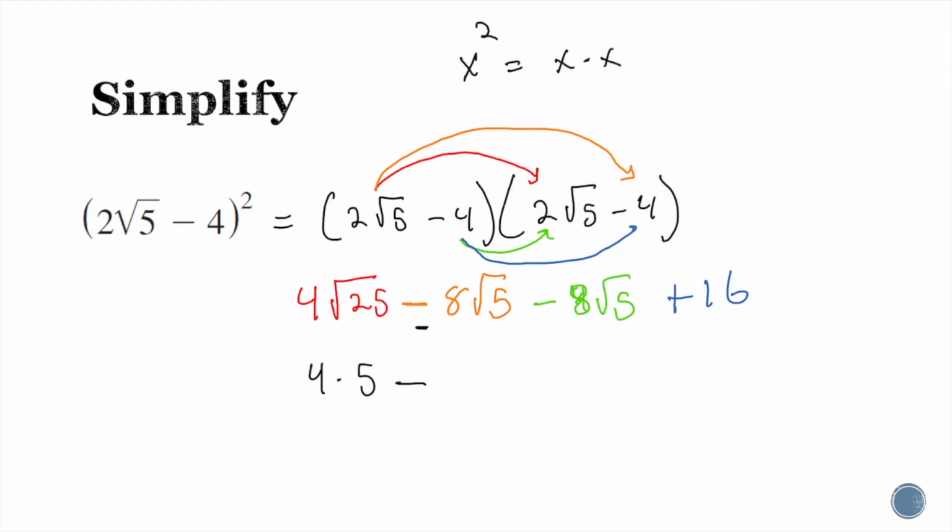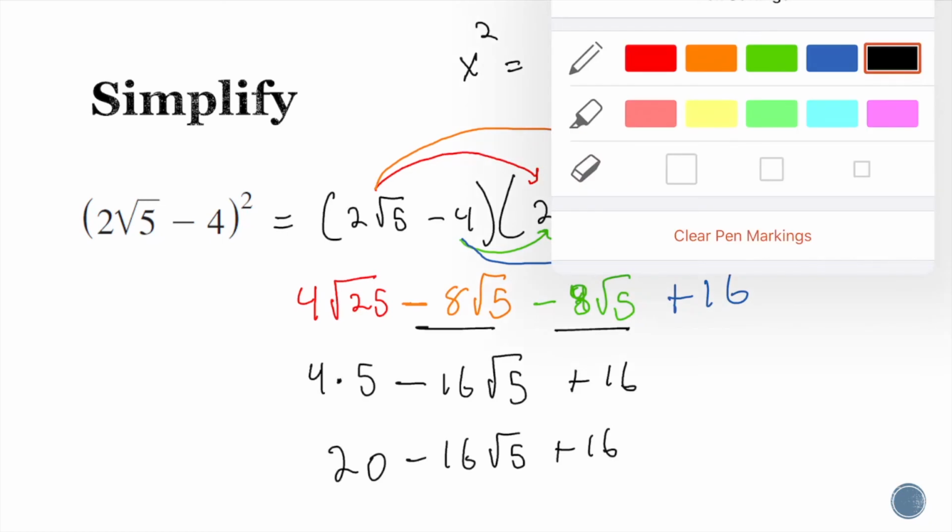I have like radicals. So negative 8 minus 8 is negative 16 times the square root of 5 plus 16. And now I have to combine the 4 times 5. So my final answer, or close to my final answer, is this.